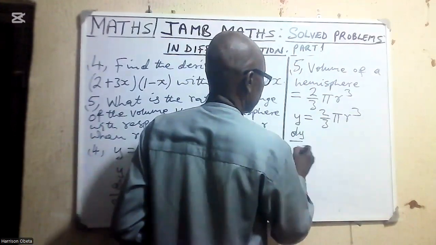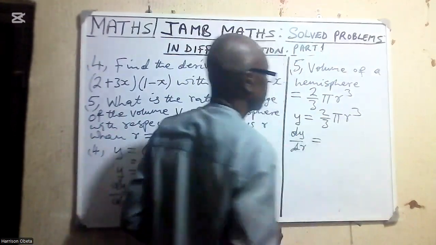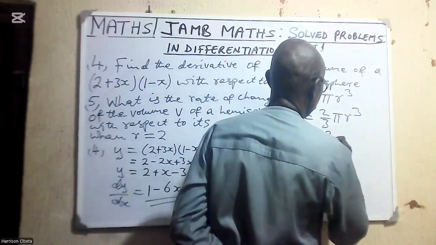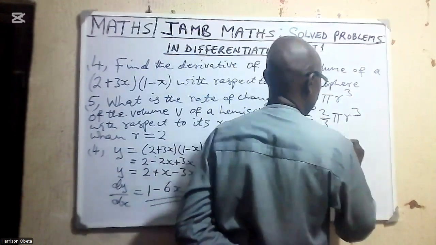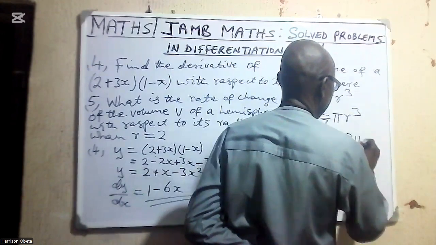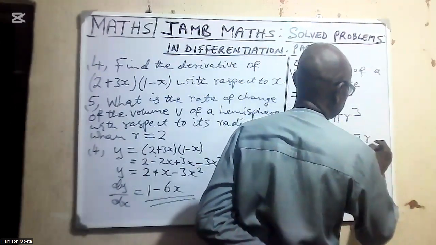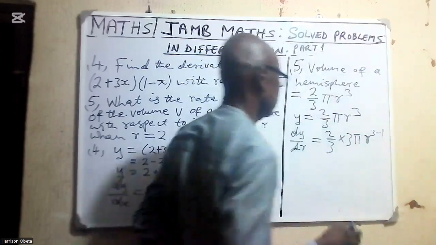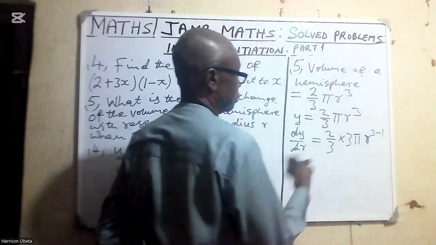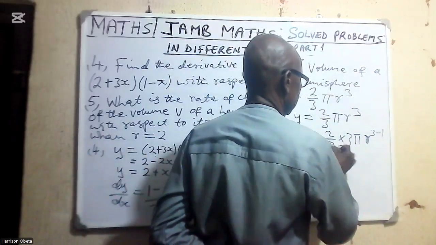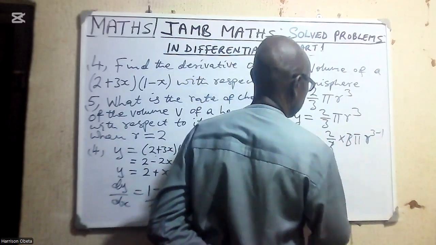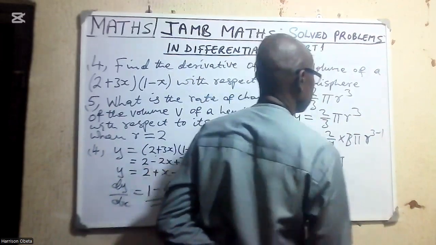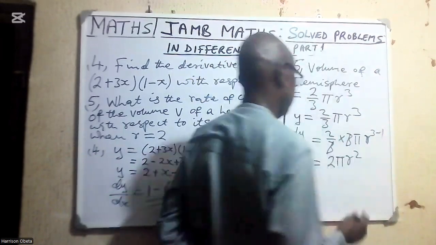The dy over dr will give us 2 over 3 times 3 pi r cubed minus 1. And in continuation, we divide. That will be 2 pi r raised to power 2.